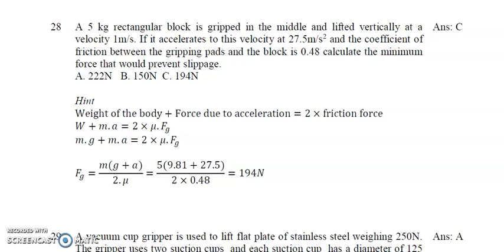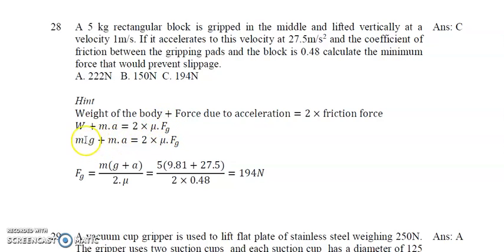So the downward force, weight of the body plus force due to acceleration, is equal to 2 into friction force. I am using this 2 because it is gripped by two finger surfaces. So W plus MA, the force due to acceleration, since F is equal to MA, is equal to 2 into friction force, which is mu into Fg, where Fg is the gripping force.